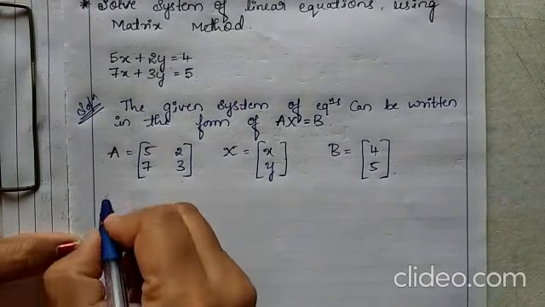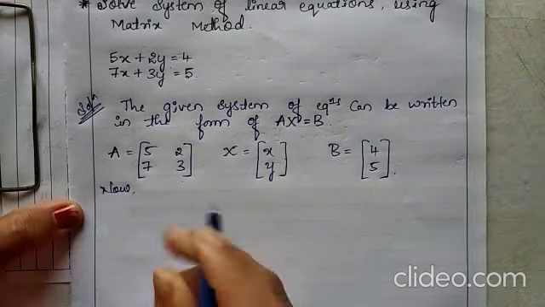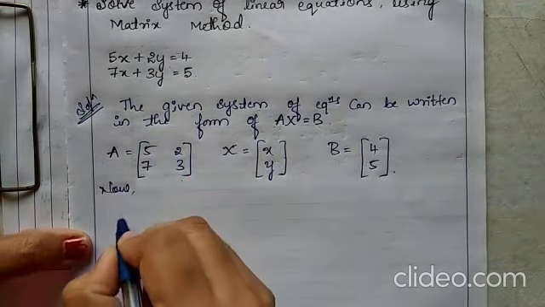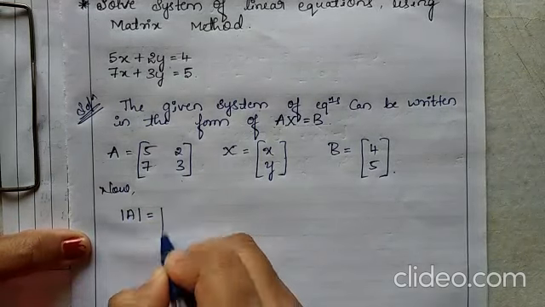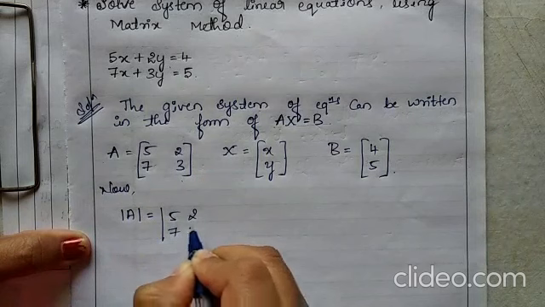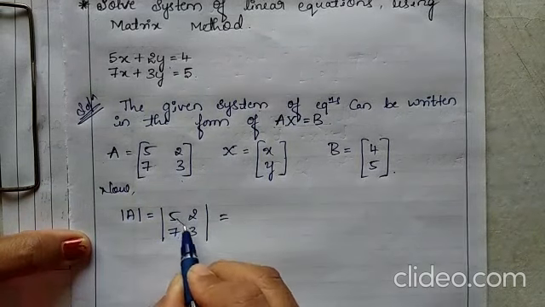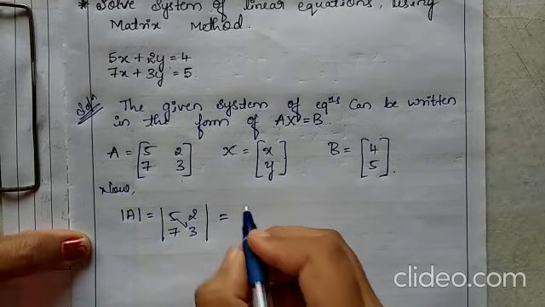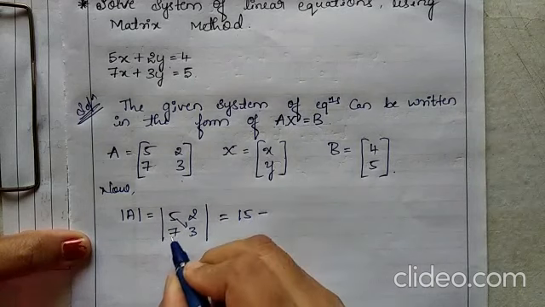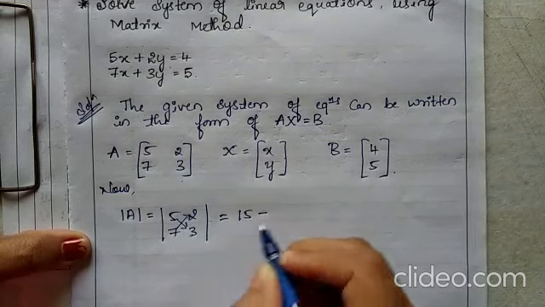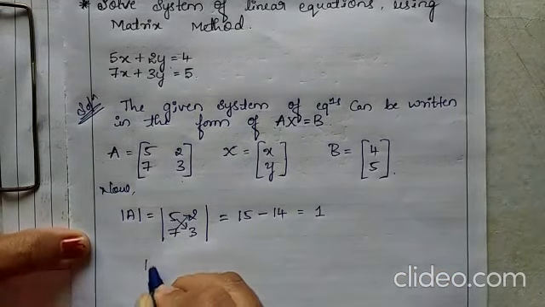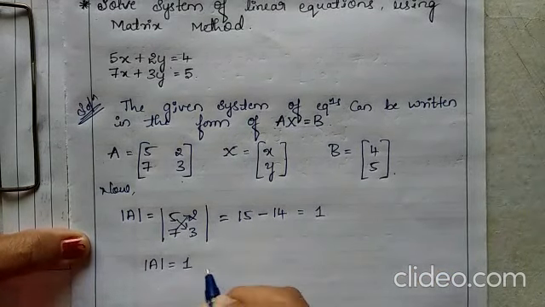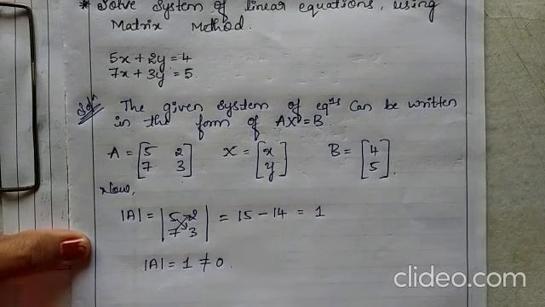As usual we need to check whether the given matrix is singular or non-singular. So that is determinant of A. How to find the determinant here? 5, 2, 7, 3. Multiplying 5 into 3 is 15, minus 2 into 7 is 14. What will we get? 1. So determinant of A is equal to 1, which is not equal to 0.